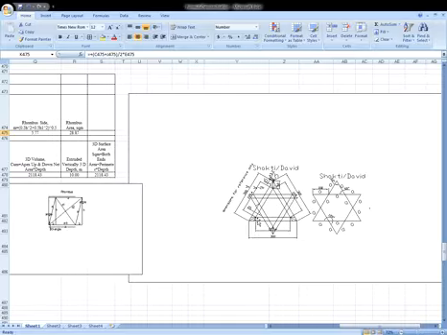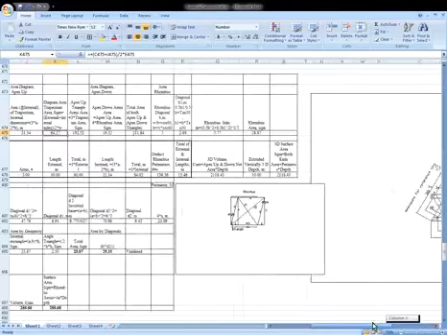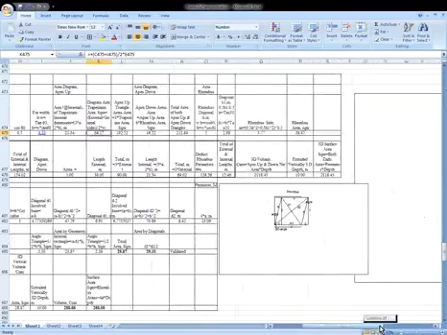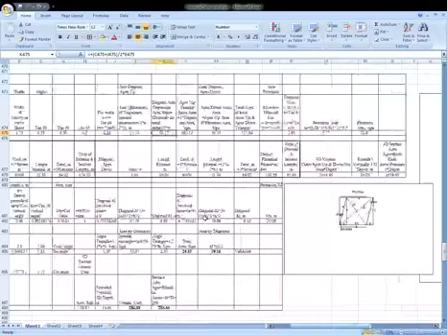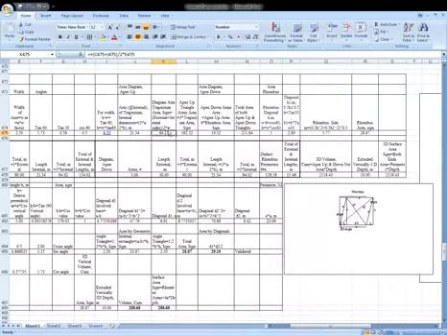So you can see there are 3 trapeziums here. When there are 3 trapeziums, the apex up triangle area is 3 into the trapezium area, so we got 3 into K475, and we have this area.